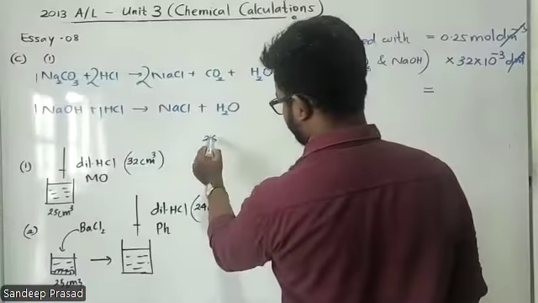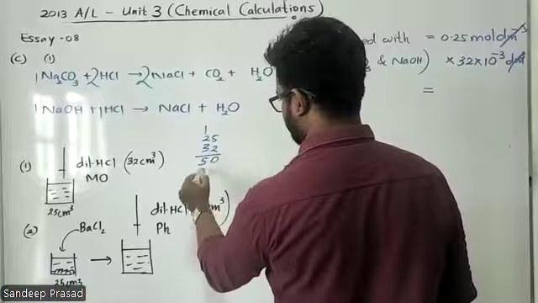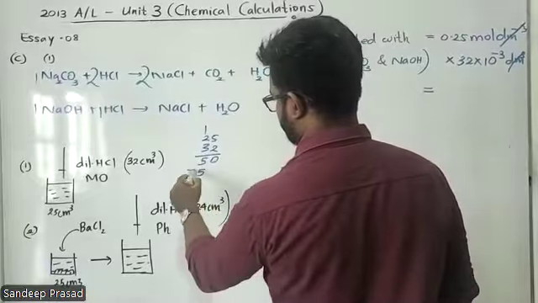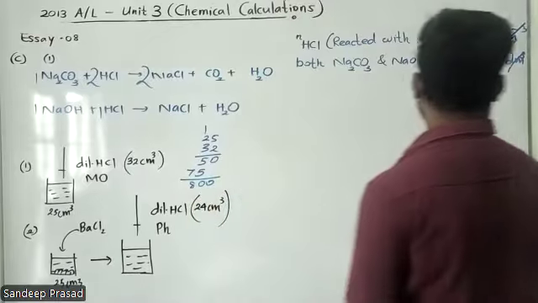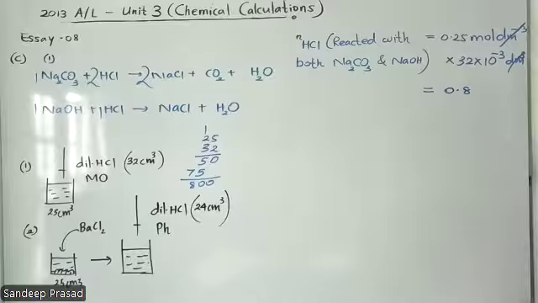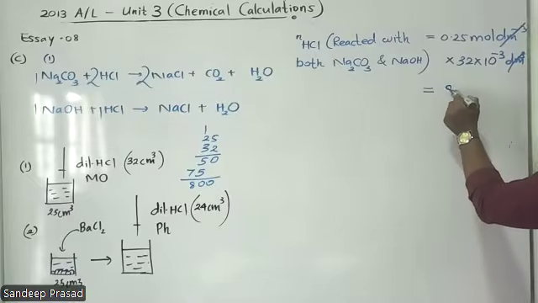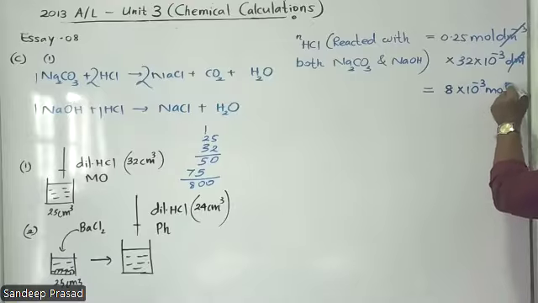Then 25 into 32 is 8 into 10 to the power minus 3.